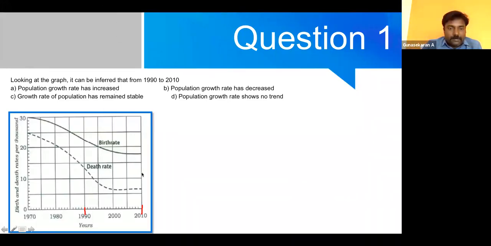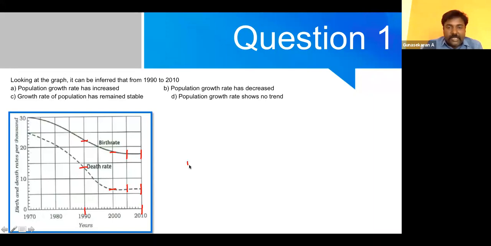See, from 2000 to 2005 to 2010, the growth rate is stable, no doubt. But here the gap is this much, and here the gap is more. Understand?